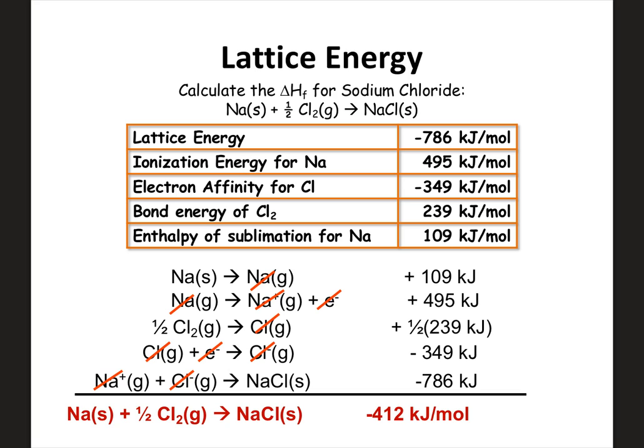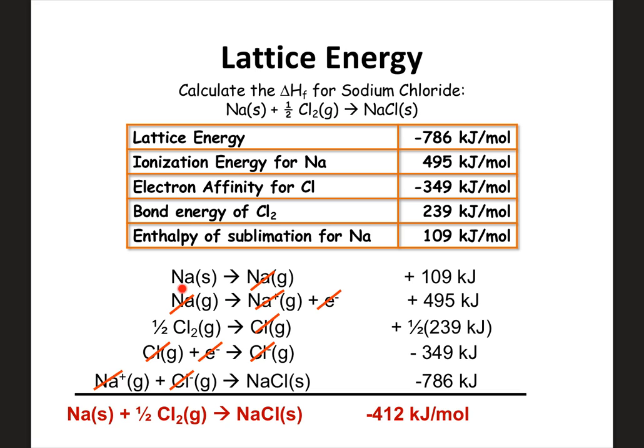This is just another example of one of those lattice energy problems, but this time you're doing it for sodium chloride. This time they don't put it in order for you. You have to think through and see what you need from this table up here. But basically it's the same idea. You have to take sodium, get it into the gas form, which would be sublimation.